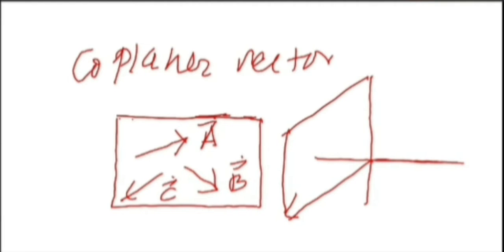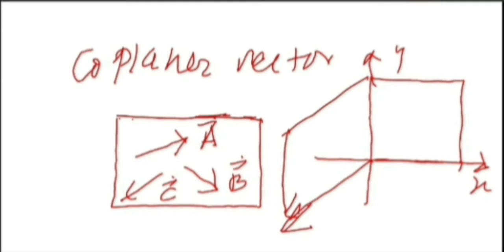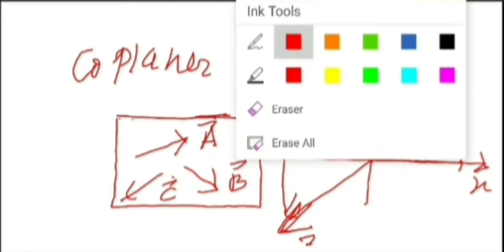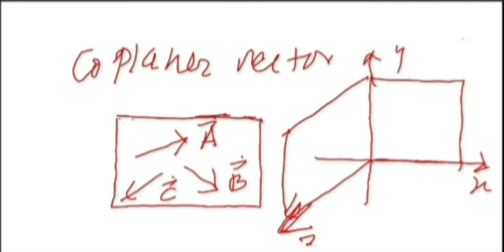But in the second case, we have two different planes, xy plane and yz plane. We are going to draw vector A in the yz plane like this, and vector B in the xy plane.